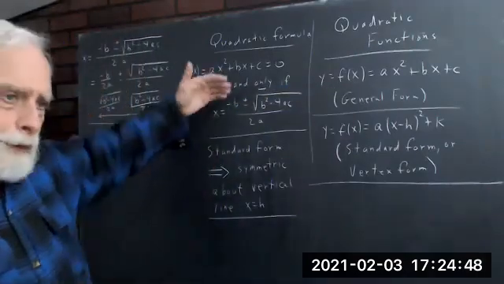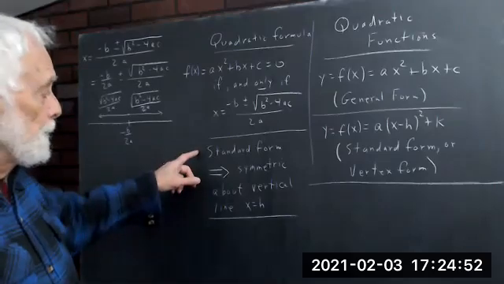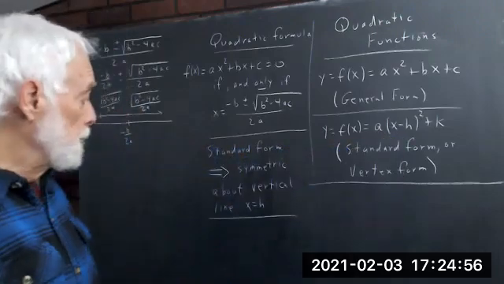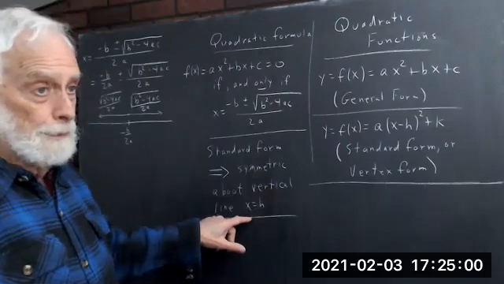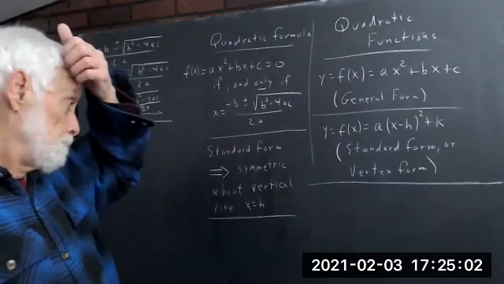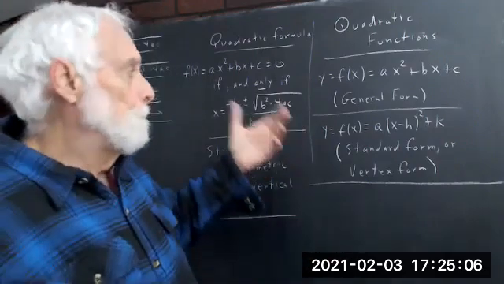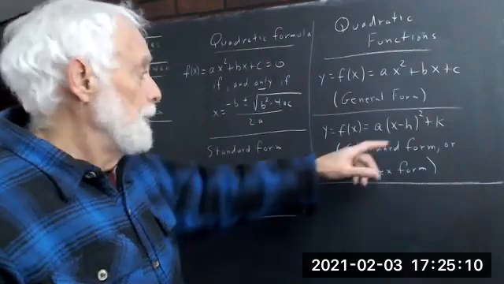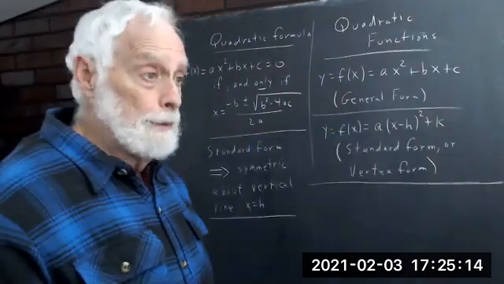Well, it's one idea. Another idea: the standard form implies that the quadratic function is symmetric about the vertical line x equals h. I'm not going to belabor that fact right now, but just accept it, because the quantity x minus h is squared.